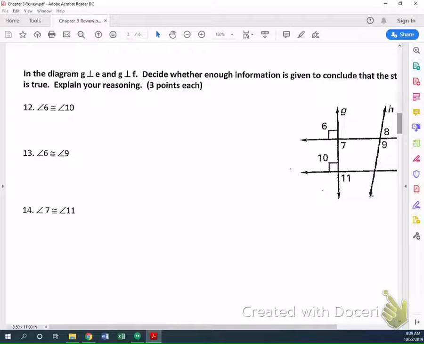All right, this next one, you are supposed to decide whether there is enough information to conclude that the statement is true and explain your reasoning. So, angle 6 and angle 10 are congruent. Yes. How do I know they're congruent? Because they're corresponding.